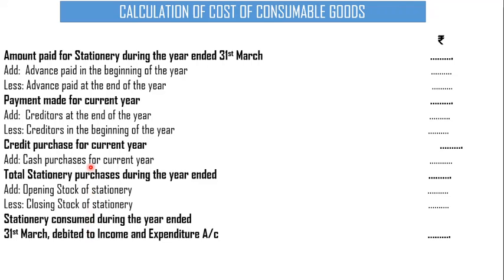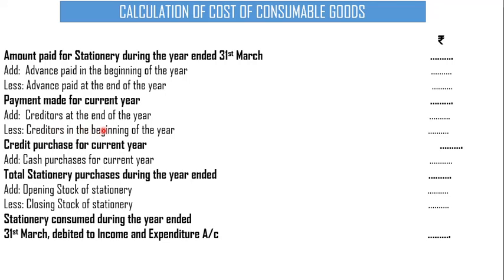But there is another case where purchases are not given, and instead something like the amount paid for the particular item during the year is given. The amount paid may include the amount paid in advance, or it may include the creditors or the outstanding amount paid during the year, that is, the outstanding in the beginning.